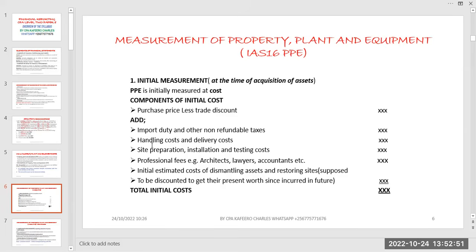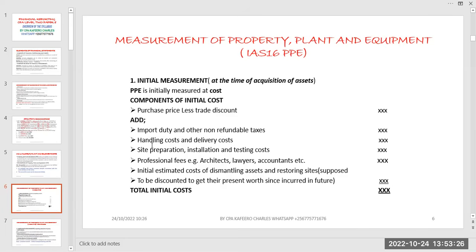That figure you are recording is what we call the cost at the initial measurement, at the time of the acquisition of the asset. And the standard says that PPE is initially measured at cost. We measure items of PPE at cost initially when you have just acquired them.